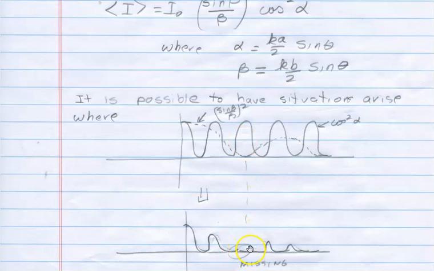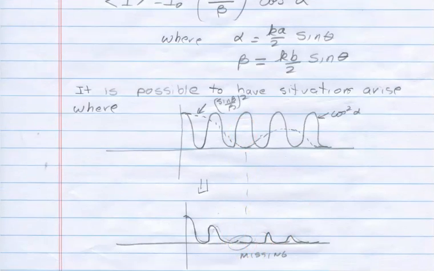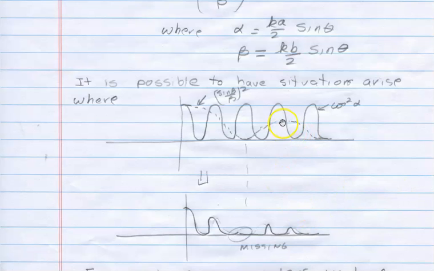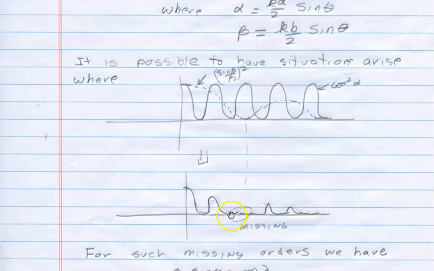It's just flat. So we've got a missing order at this point. And then this next one goes up to like 4% of the original. So this is a little more in tune, but still out of scale. But now this one has reduced amplitude, and then this one is even further reduced, and then you might have another missing one out someplace further. But in any event, we've got a missing order at this point.